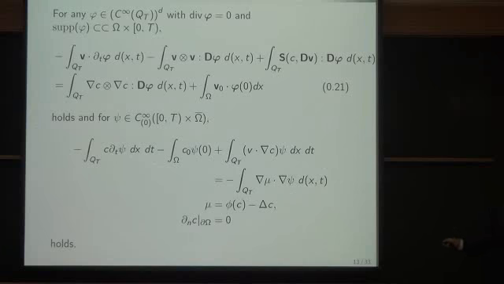And in this formulation, one can take into account the Neumann condition of mu. And we also assume the Neumann derivative of C at the boundary is equal to 0.